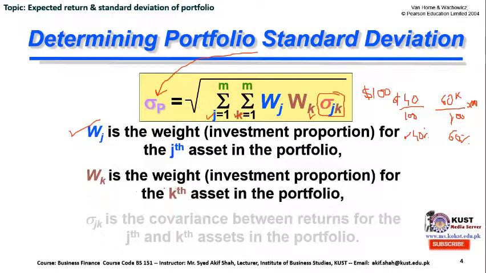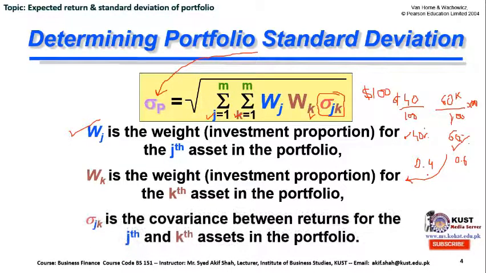Similarly, the weight of K refers to the investment proportion for the kth asset in the portfolio, which in our case was 60%, or you can also write 0.6. If you are multiplying this weight with any mathematical equation, you are required to convert it into decimal form so that you can reach the resultant value.